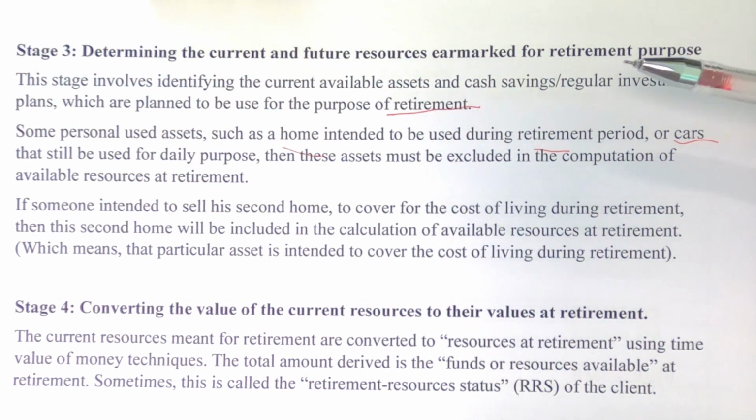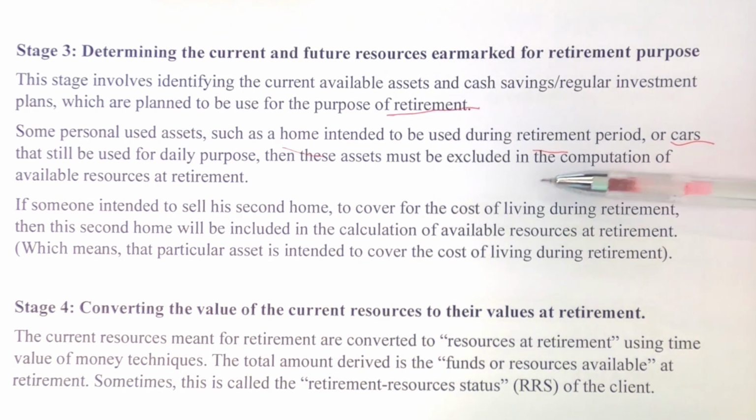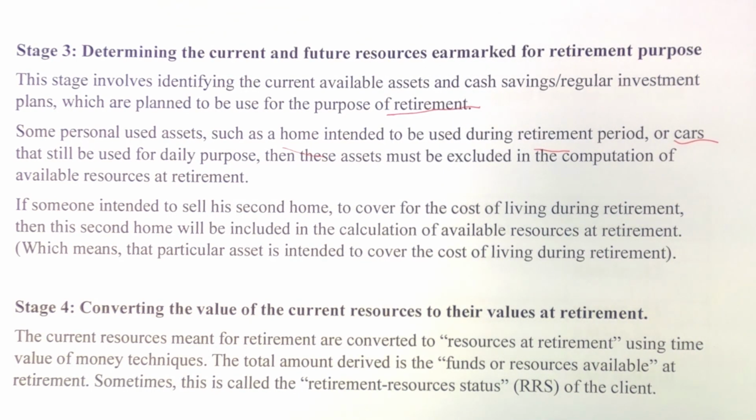This is because we only identify the assets or cash savings which is intended to be used during retirement only. So if it is just for personal use, then it's not going to be accounted for the retirement purpose.